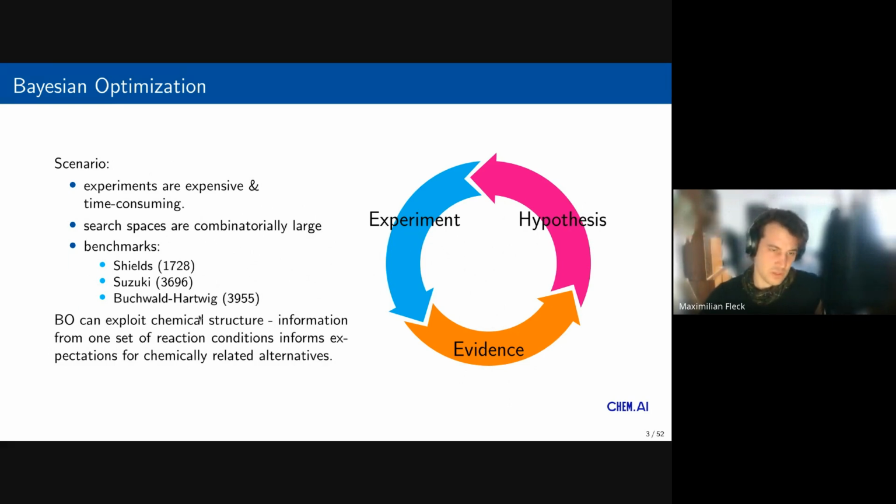Those are relatively large search spaces, and in practice, there's a tendency to face even larger ones. What we do is use the capability of BO to exploit chemical structure, using information from one set of reaction conditions to inform expectation for chemically related alternatives. This is basically a reformulation of the hypothesis.